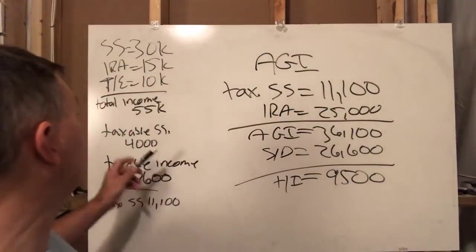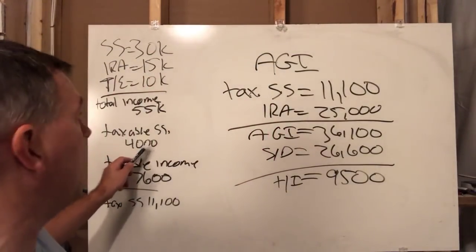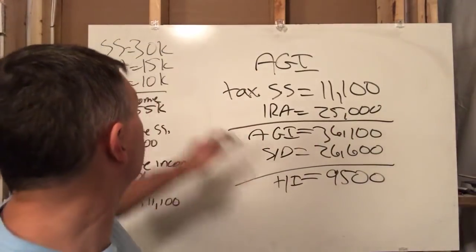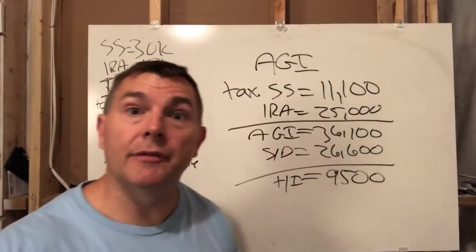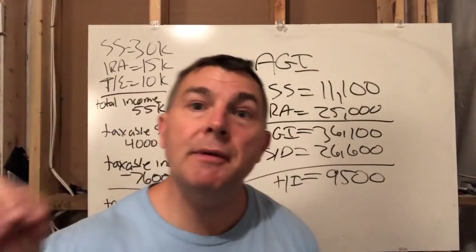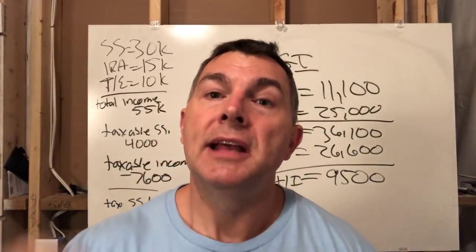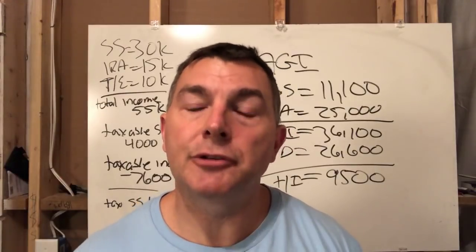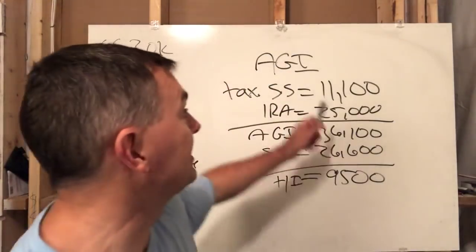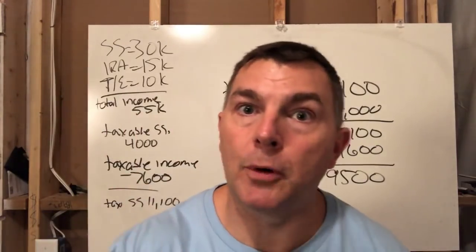Remember, we had taxable Social Security income before of $4,000. Now we've got taxable Social Security income of $11,100. So that $10,000 extra of IRA distributions increased our Social Security taxable income by $7,100, almost triple.